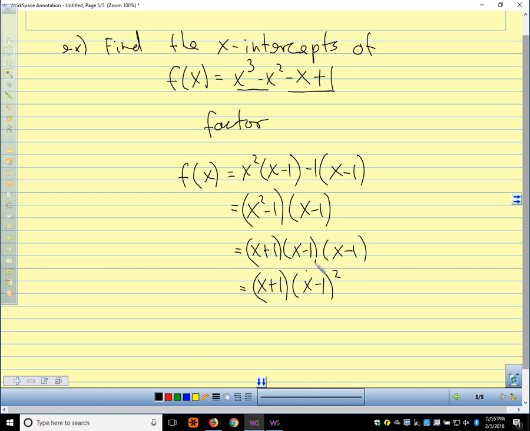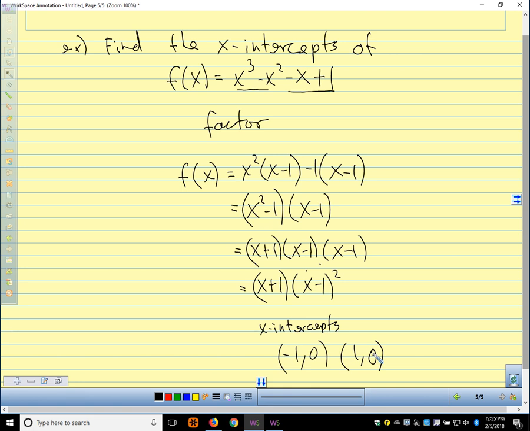This gives us some information, we'll talk about this in just a second, about the graph of this thing. So where are the x-intercepts? -1, 1. And x-intercepts are points. So the x-intercepts are at (-1, 0) and (1, 0). Those are my x-intercepts.